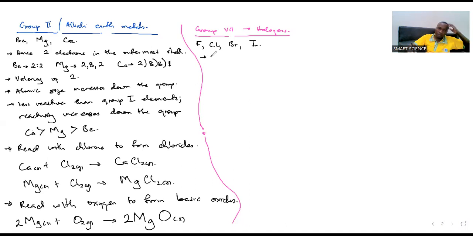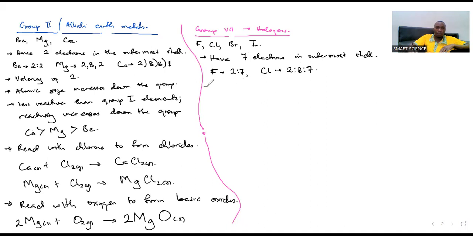When you look at them, they have 7 electrons in outermost shell. For example, fluorine, electron configuration is 2 to 7. Chlorine, electron configuration is 2 to 8 to 7. When we continue, they have a valence of 1.